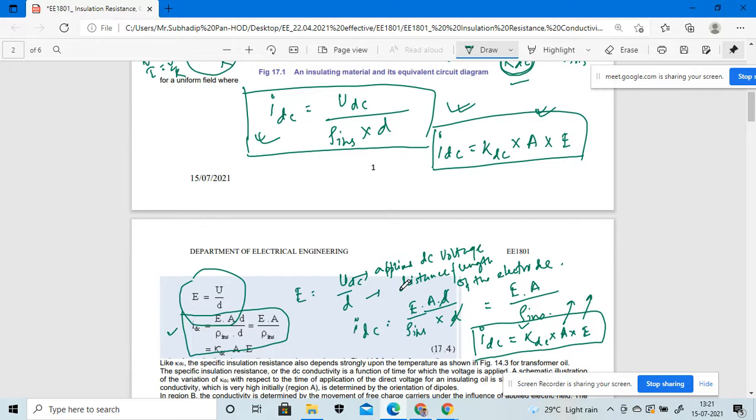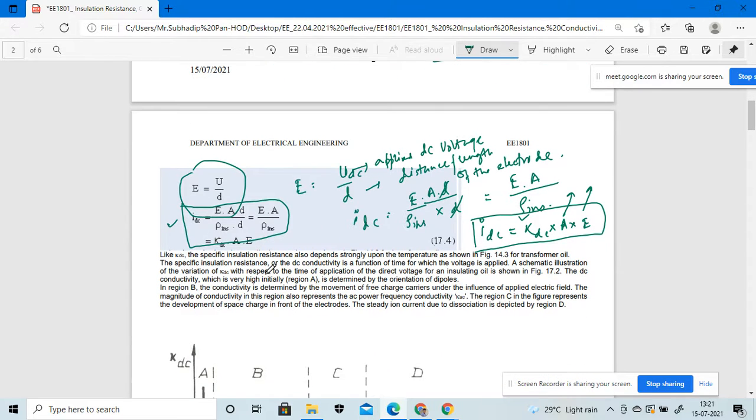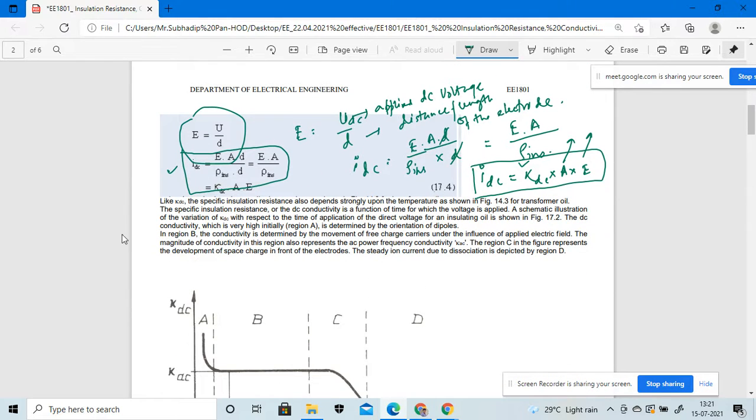Now it can be written like KDC, which is the conductivity. The specific insulation resistance also depends strongly upon the temperature. So this KDC, the conductivity, depends upon the temperature, right?